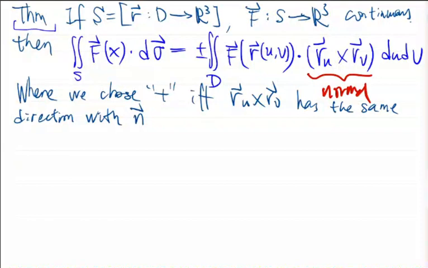Taking the norm involves squaring and summing the three components of the vector, and then taking the square root. So this computation is not easy. But for computing the flux integral using this theorem, we don't need to do that.